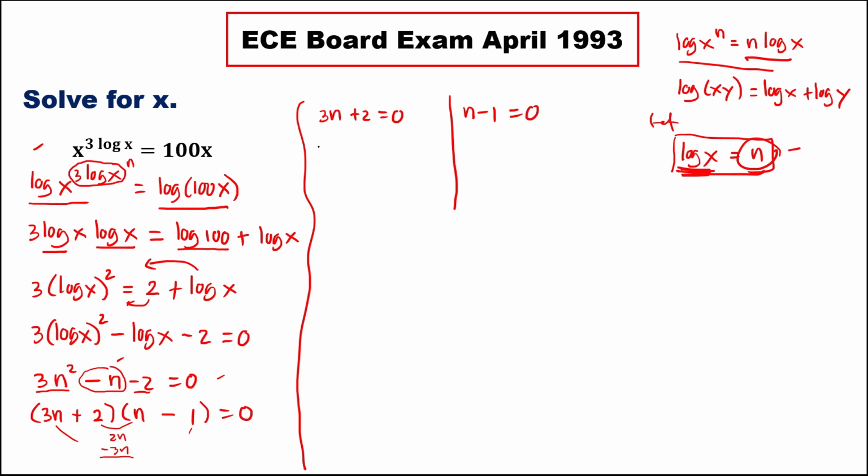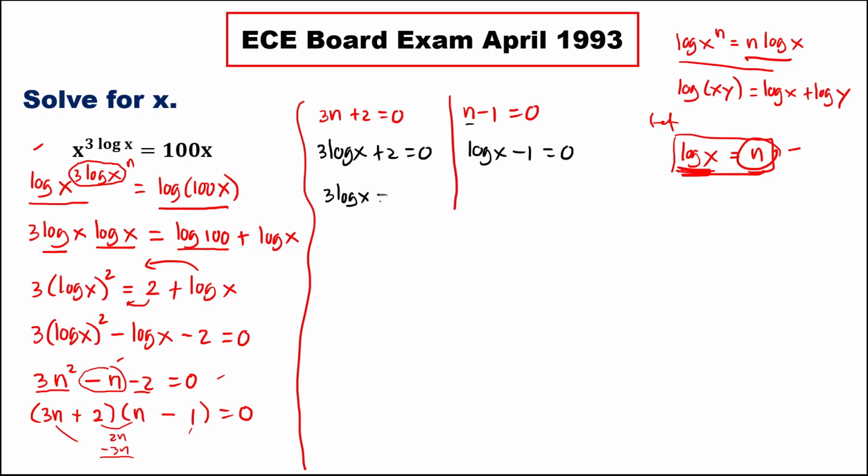So this becomes 3 log x plus 2 equals 0, and the other one, log x minus 1 equals 0.